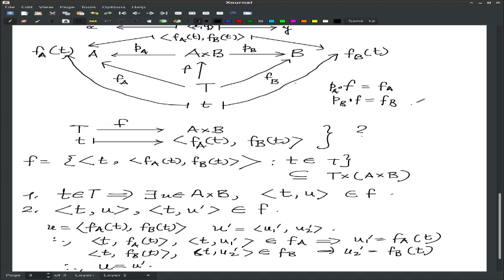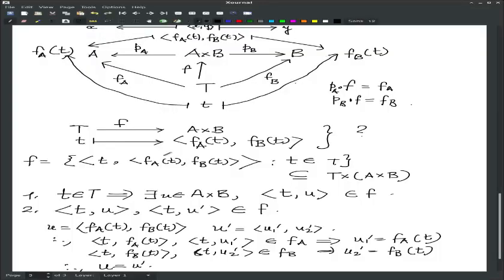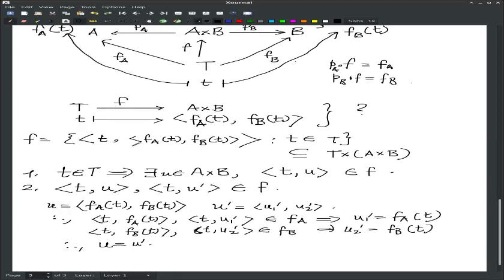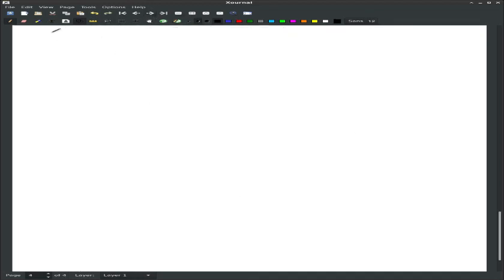Okay? Now, there is this second part of it. It says a unique function. So firstly, the first part is I have established the existence of a function. So now the next question is, why should this F be unique?